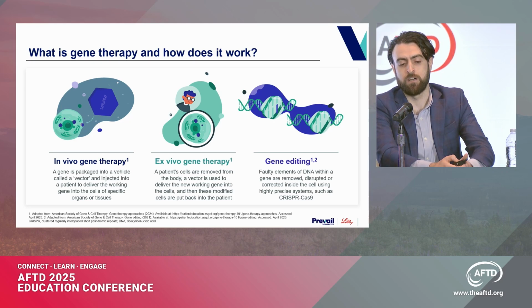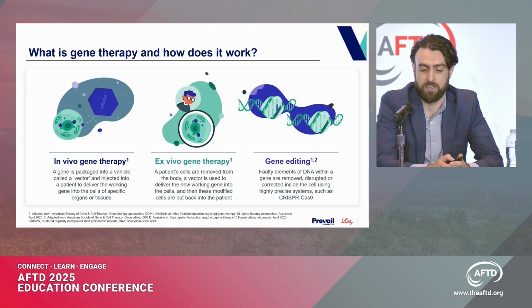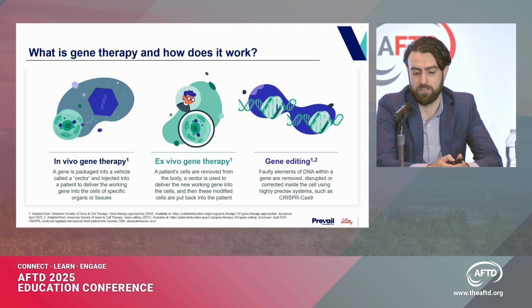And the reason GRN is the main target for our trials is, as mentioned before, the granulin gene is loss of function. It leads to a decrease in the progranulin level. So a replacement should hypothetically lead to stopping of the disease.